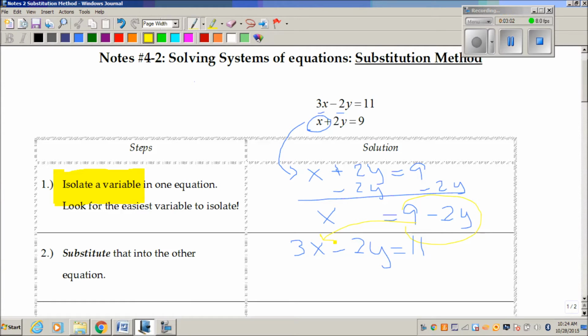So I have 3 times, instead of x, 9 minus 2y, close my parentheses, and then I write in the rest of my equation, minus 2y equals 11.